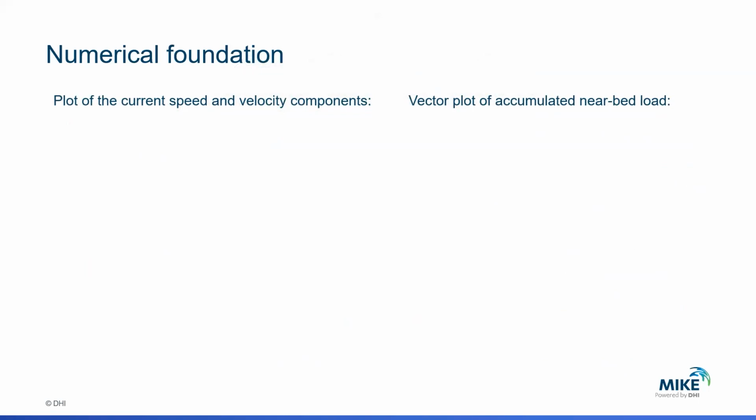So why have we done all of this work? Well, by default, as I'm sure you know, in FM, we suggest that you use the higher order or second order scheme for hydrodynamics and transport.